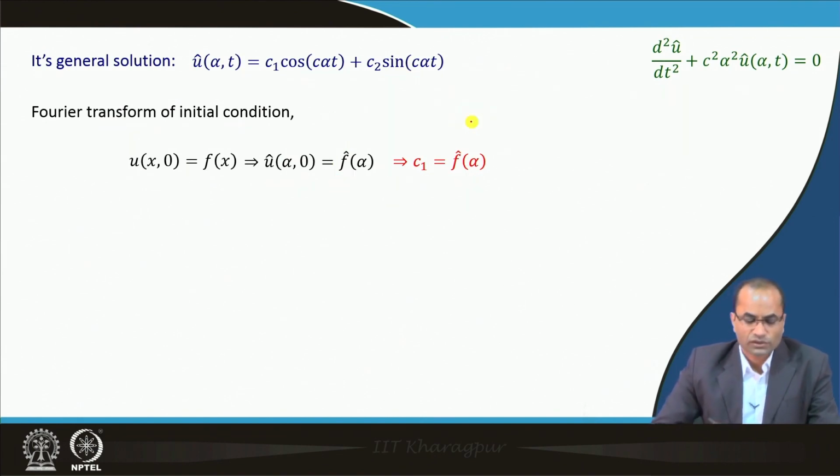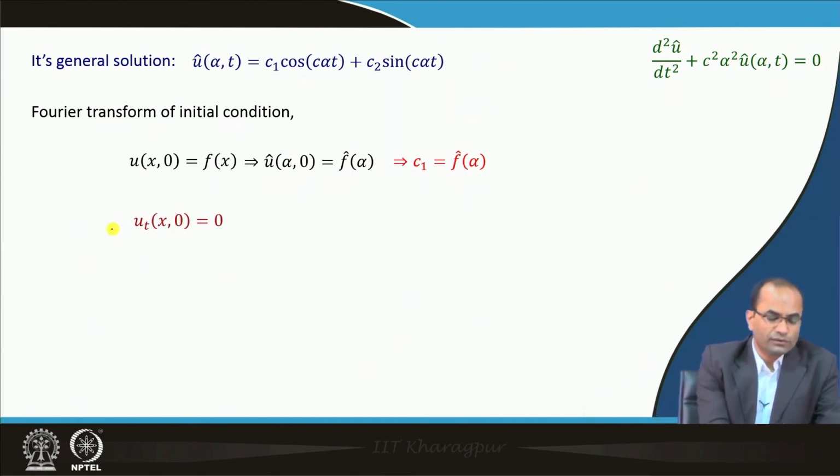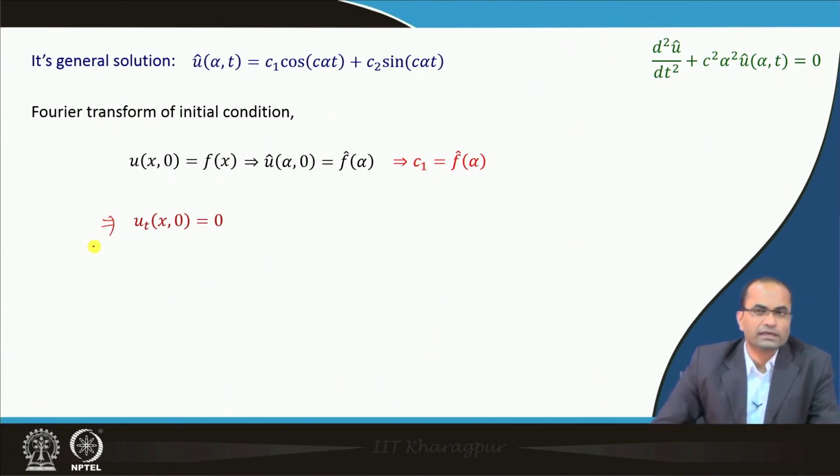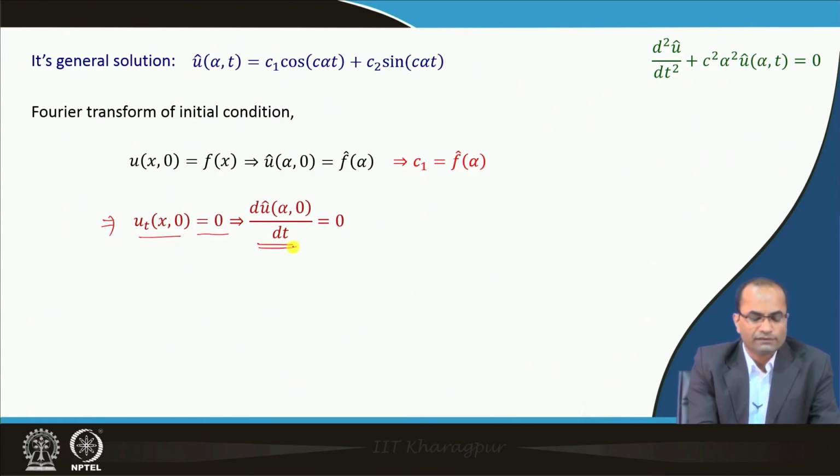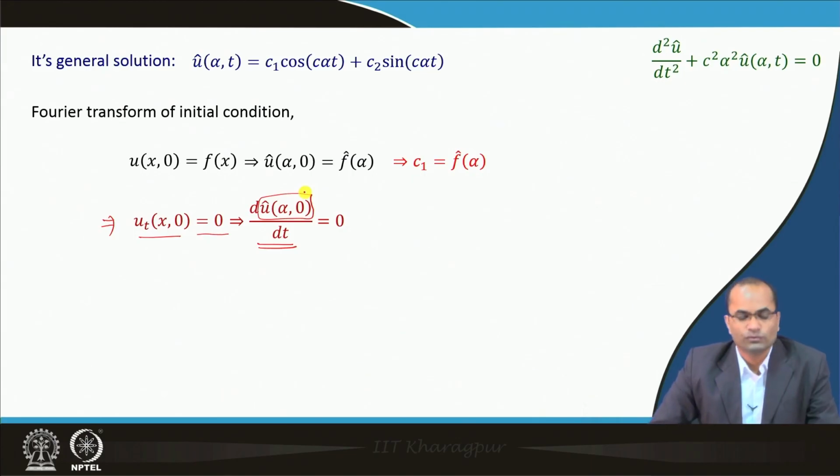Therefore, c 1 is f hat alpha. Having c 1, we now have to get c 2 using the second initial condition, u_t(x, 0) equal to 0. Here also we will apply the Fourier transform, and we will get the derivative with respect to t of u hat alpha at 0.